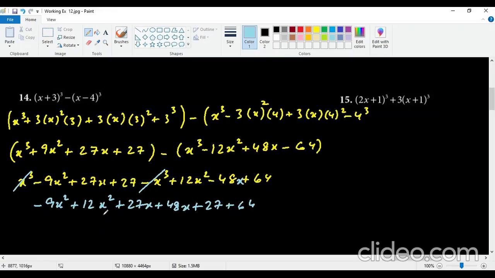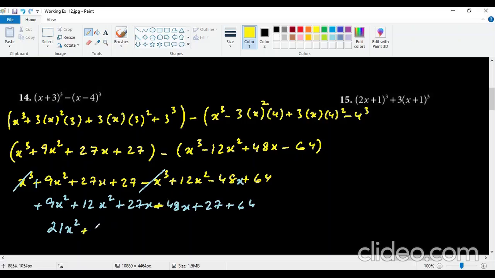So this is going to give us 12, this is a 9, this is a plus. So 12 plus 9 is going to give us a 21x². And in here, this is a minus 48x actually, not a plus 48.